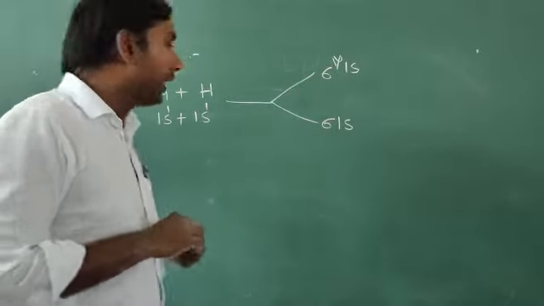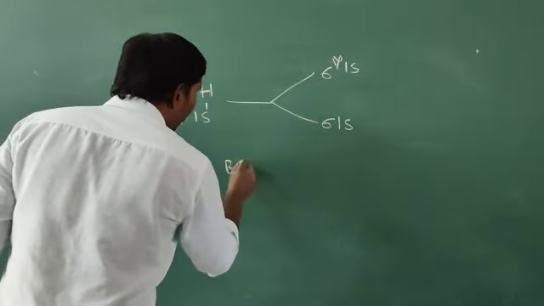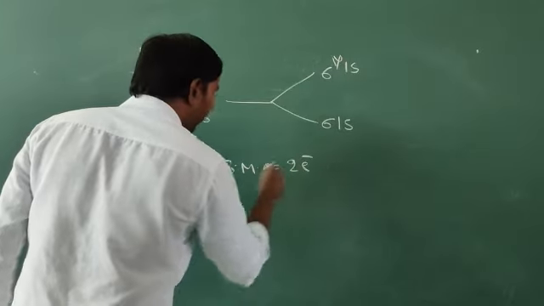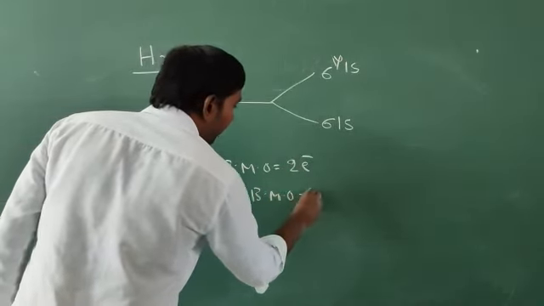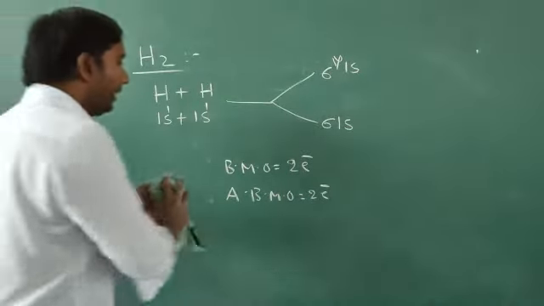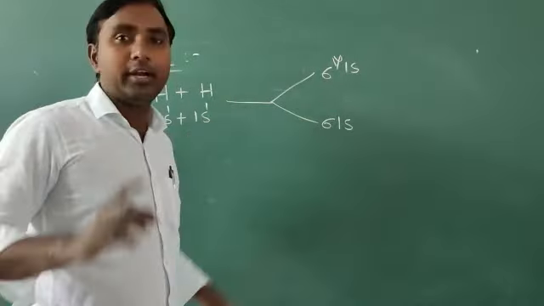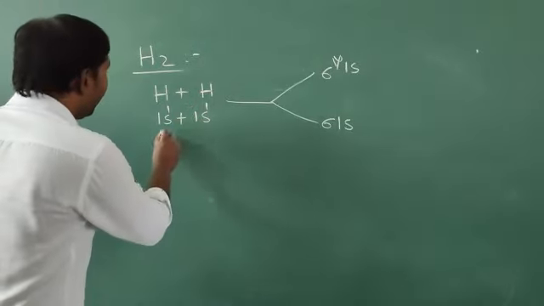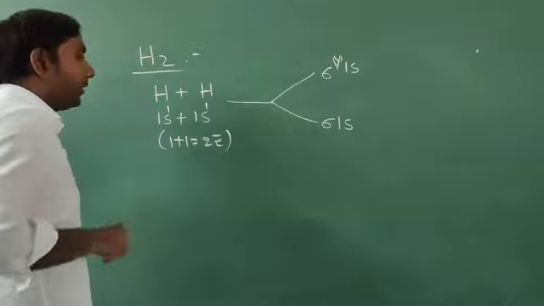One orbital has a capacity of 2 electrons. So sigma 1s is lower energy and sigma star 1s is higher energy. Here 1 plus 1 equals 2 electrons.